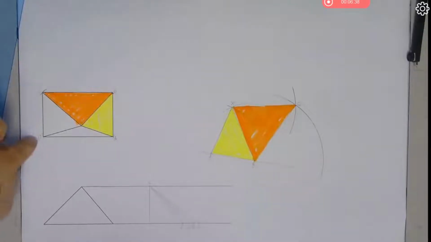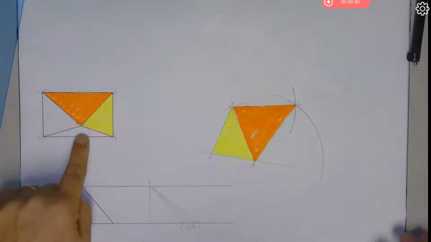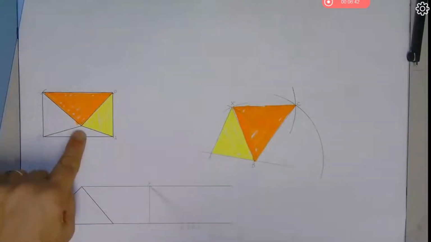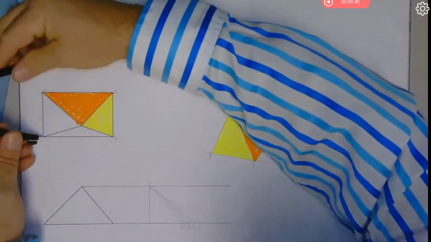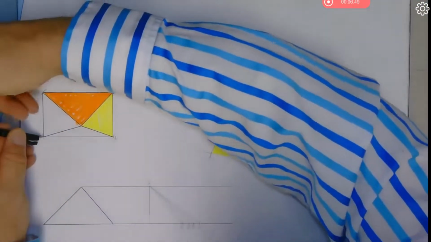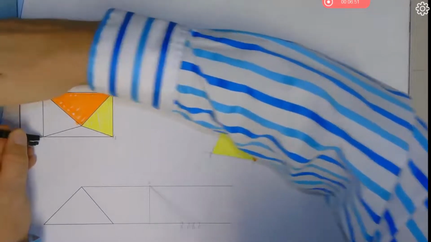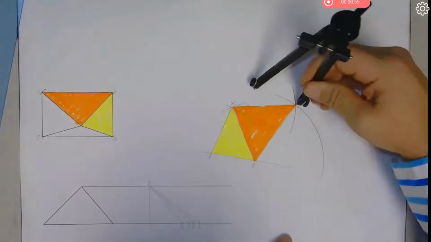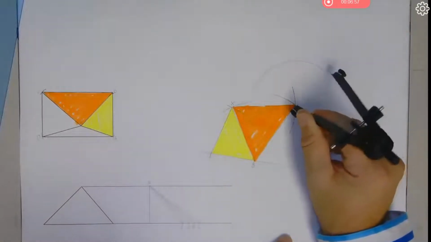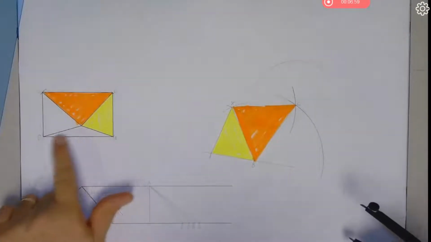Next triangle, CDX. Again, we already have CX. So I'm going to find the length of CD. I'm going to measure that here. From C to D is somewhere along this arc. Then I've got to find XD.